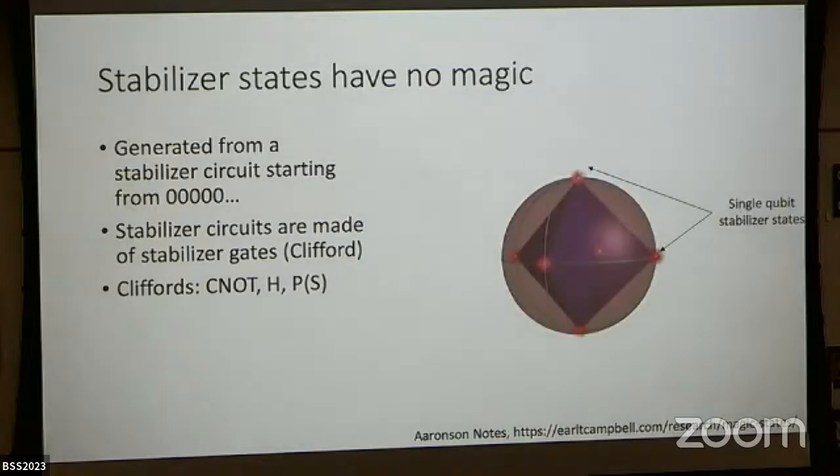Another way of looking at that is these single qubit stabilizer states are the corners of the Bloch sphere, like the extremum of each axis of the Bloch sphere. So only by using these stabilizer gates, we get restricted access to the Bloch sphere. And this picture extends into the multi-qubit case as well, with a similar intuition.